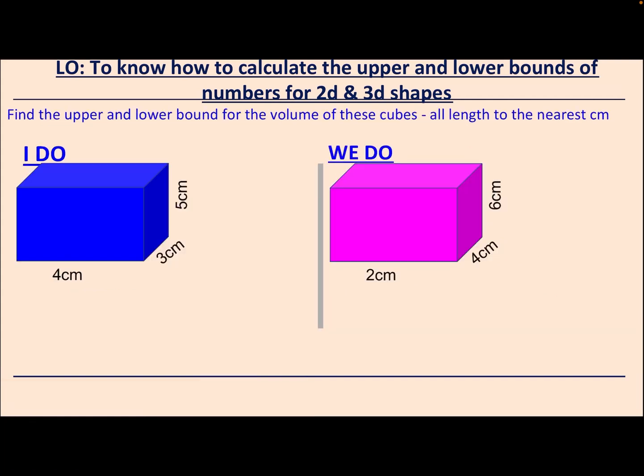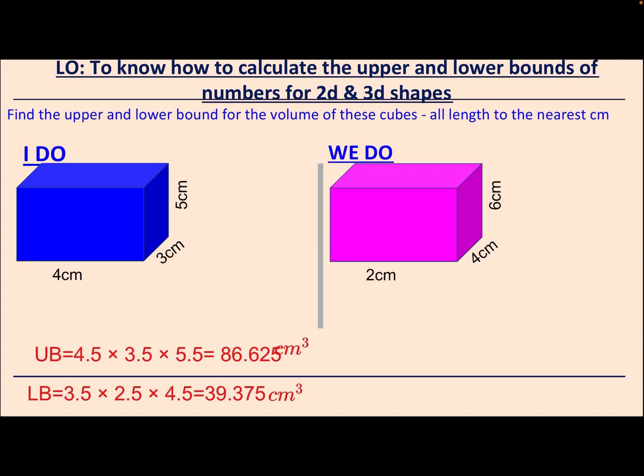Alright, so now we want to work out the upper and lower bound of these cubes, okay? And all lengths are to the nearest centimetre. So we're going to find that upper and lower bound for each length. Okay, and when we do that, we're going to multiply the highest upper bound lengths together.